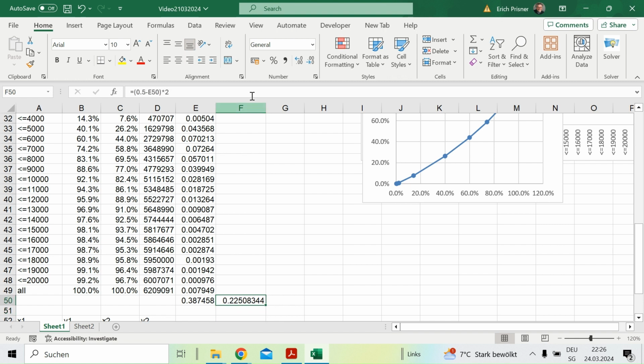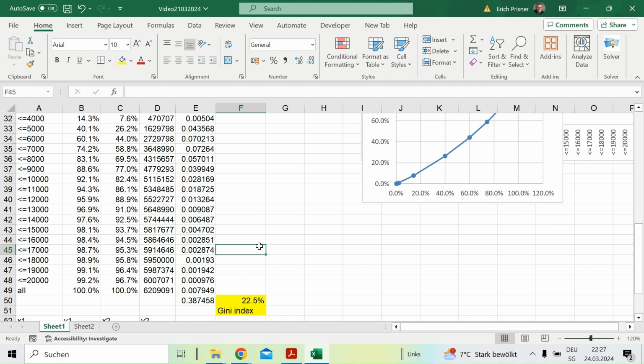Here's my Gini index. I want it as a percentage, and I want to have it with 1 decimal maybe. So let me write it down, Gini index. And I want to color it again because it's one of these main results. So the Gini index of the female full-time employees in Switzerland is 22.5%.